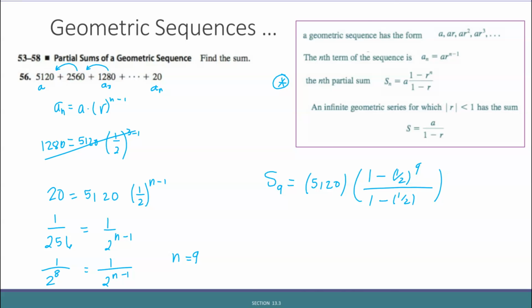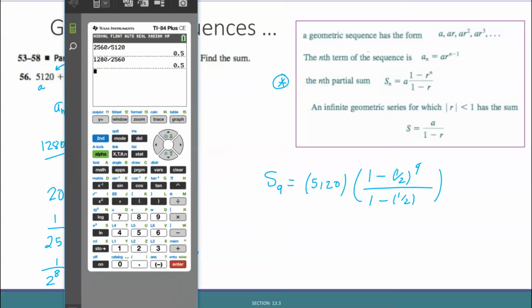Let's get that put into our calculator. We'll let the calculator do the work. We're going to take 5120 and multiply by an outer parenthesis, then 2 parentheses inside, one for the numerator and one for the denominator. For the numerator, I'm just going to say 0.5 because that's what a half is: 1 minus 0.5 to the 9th.